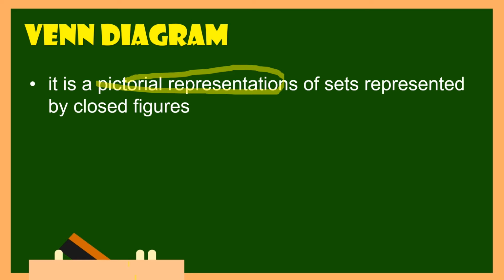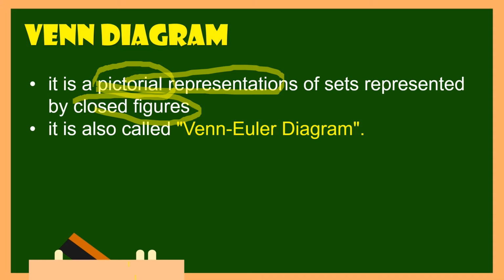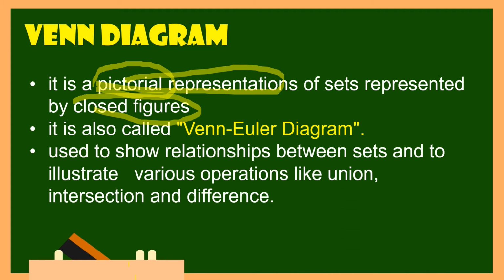But for this time, gumagamit na tayo ng pictorial representation which is represented by closed figures. Walang iba kundi ang gagamitin nating figure for this time is circle. Always remember that Venn diagram is also known as Venn-Euler diagram. So, for short, tinatawag na lang natin siyang Venn diagram.